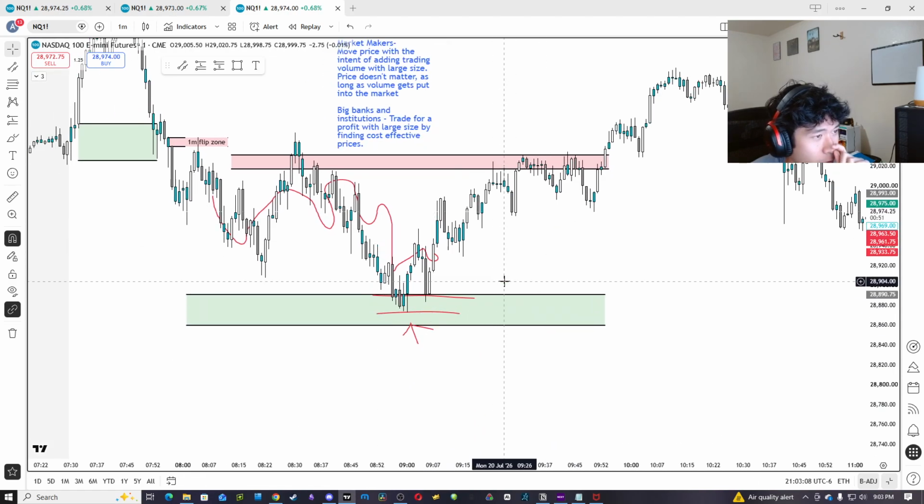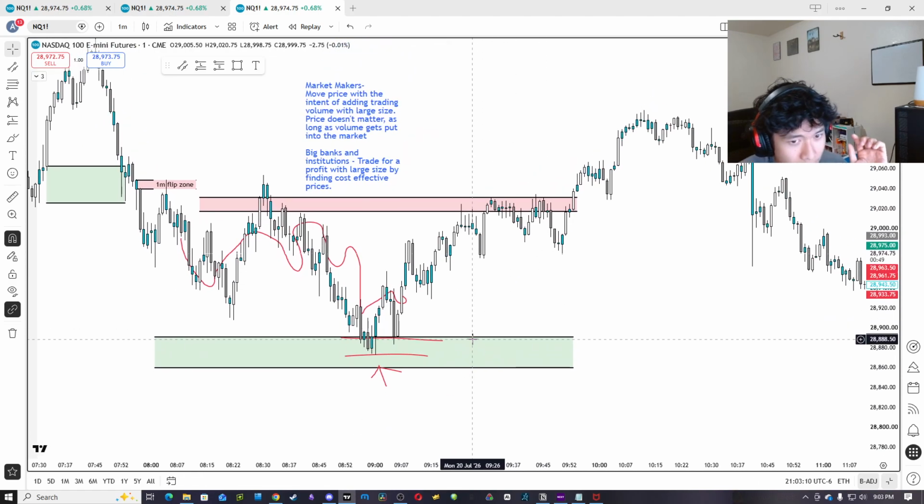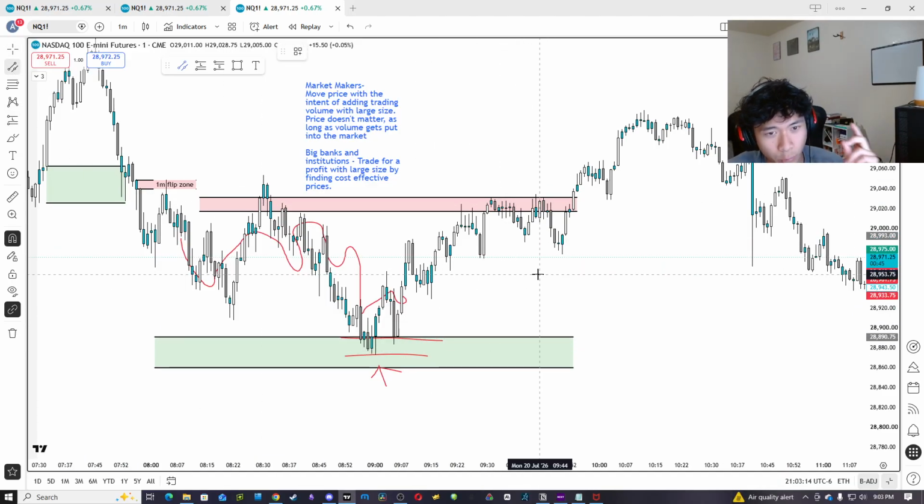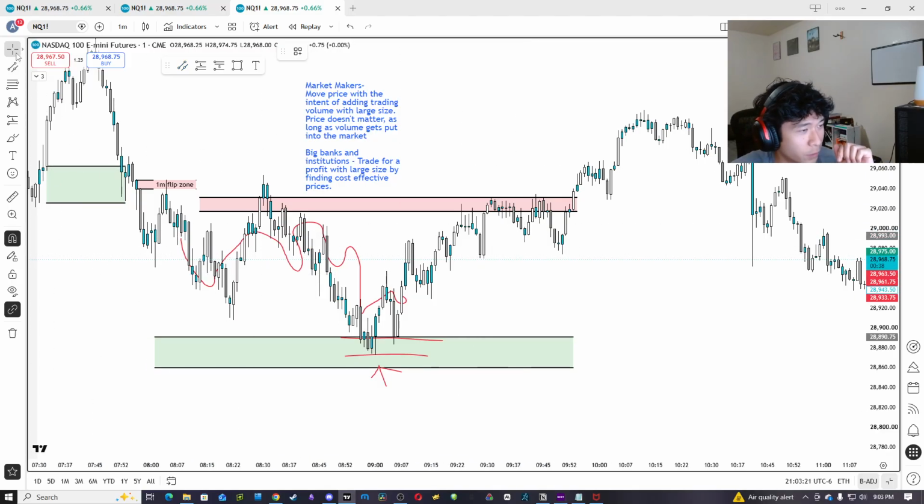When they buy at that price level, they're buying because they know it's the best price. They know that the product they're trading is undervalued because of the information they have. So with all these people that have entered the trade and don't know that the product is undervalued, these banks and institutions are able to trade profitably.